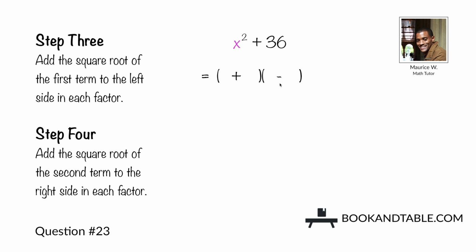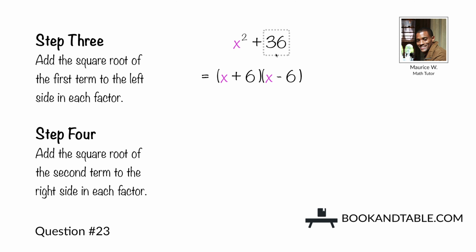And now step 3, we will add the square root of the first term to the left side in each factor. The square root of x squared is equal to x, so we add x to each factor here. And now step 4, we'll add the square root of the second term, 36, to the right side in each factor.